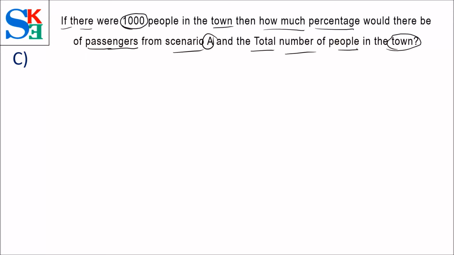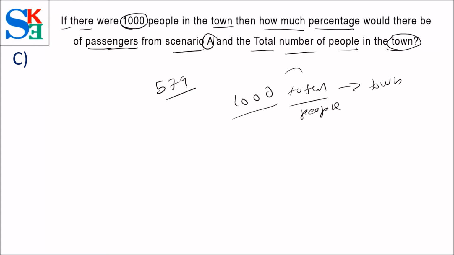What was the answer from question A? It was 579, right? And it is asking, if there were 1,000 total people in the town, then what percentage is 579 of that 1,000?